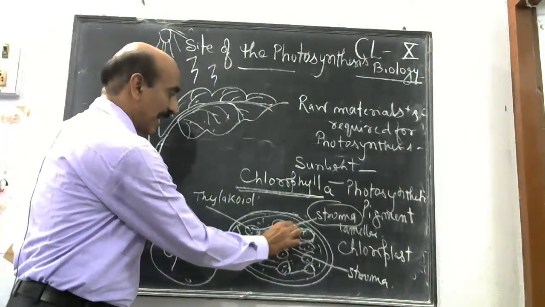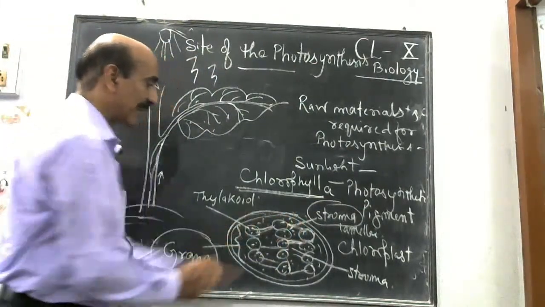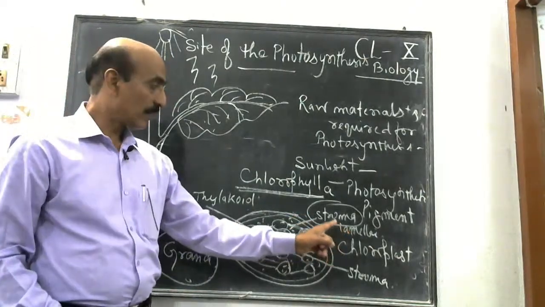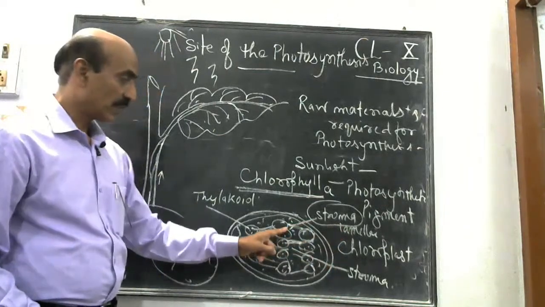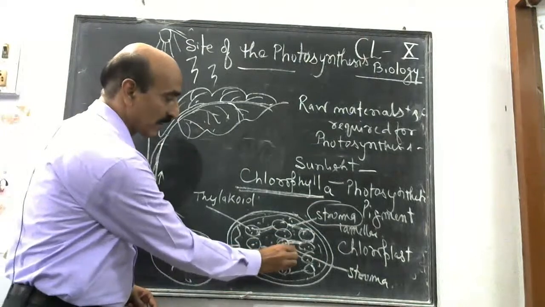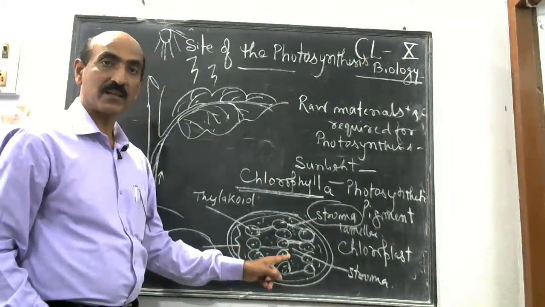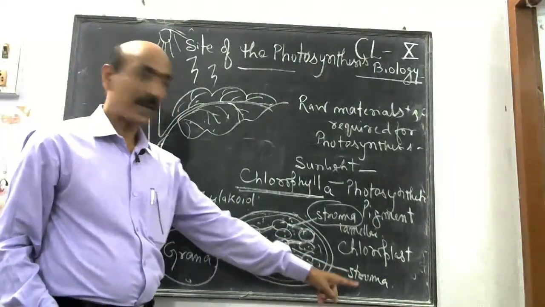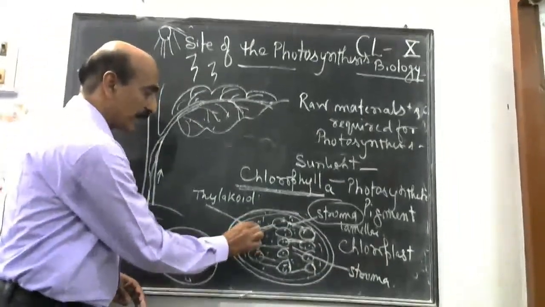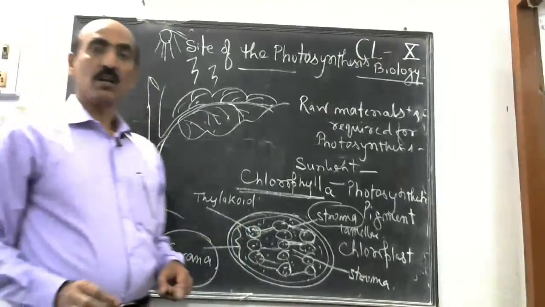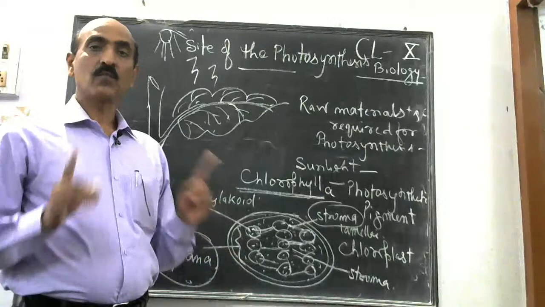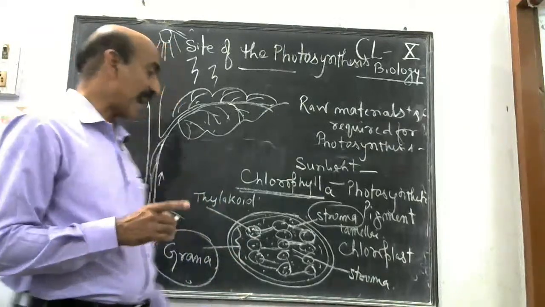The line connecting the two grana is called the stroma lamella, and the space outside the grana is called the stroma. Inside this grana there is a pigment called chlorophyll. Where do we find the chlorophyll? Chlorophyll is present inside the grana.